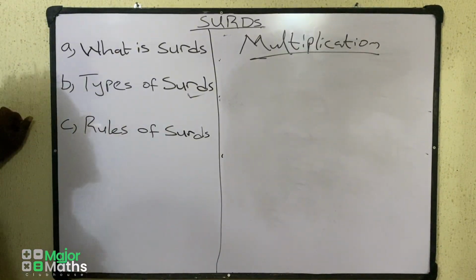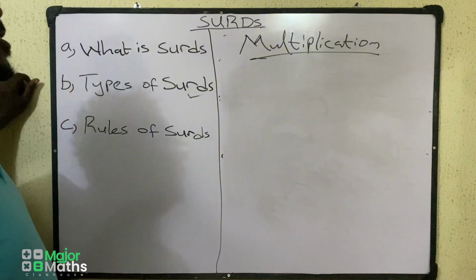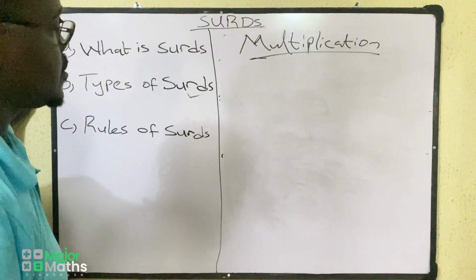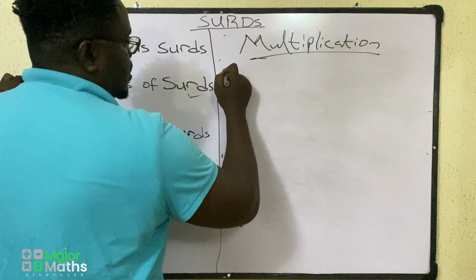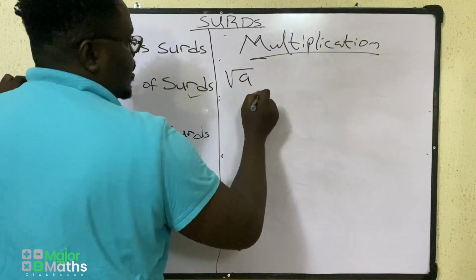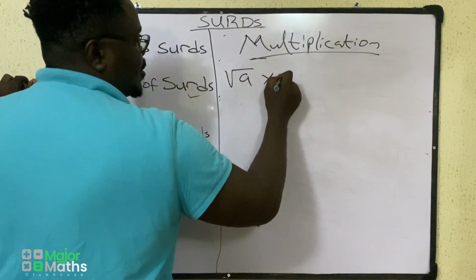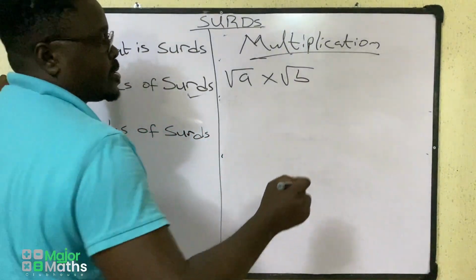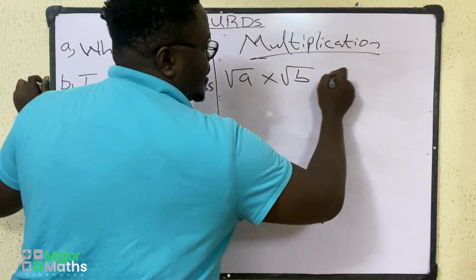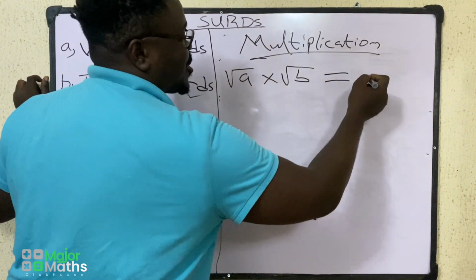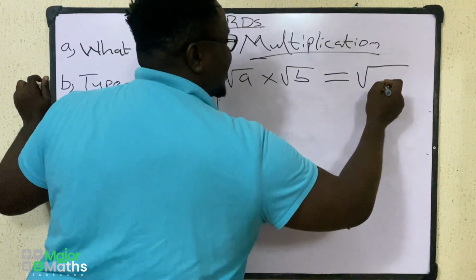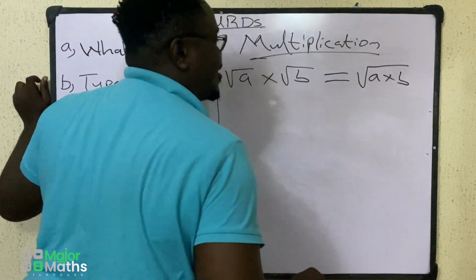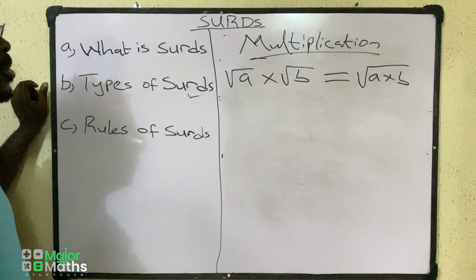For multiplication, it's totally different from here. Root A times root B is not equal to, no, it's equal to A times B. You thought I was going to put not equal to here.